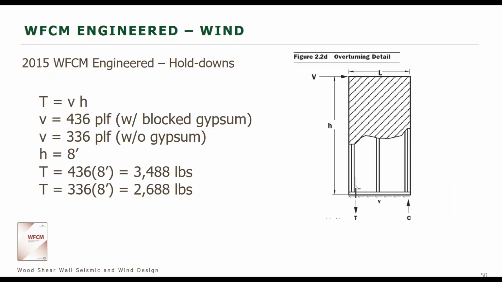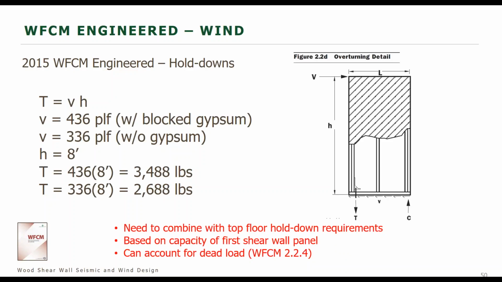So again, we need to calculate our hold down capacities. Once again, these are still based on the capacity of the first shear wall panel. So the values that you see here for the wall with the sheathing, that V is equal to 436 pounds per foot.